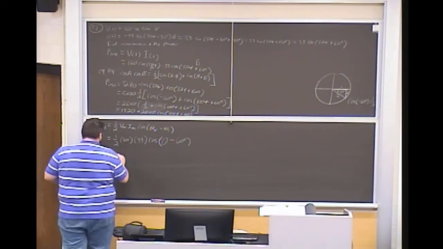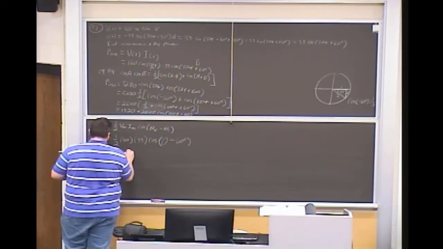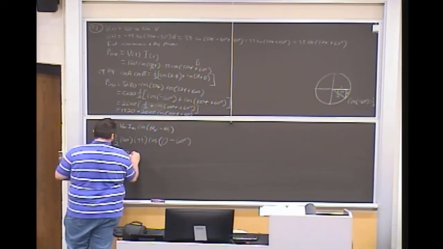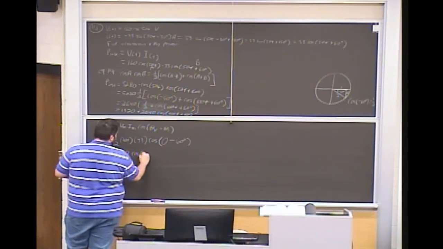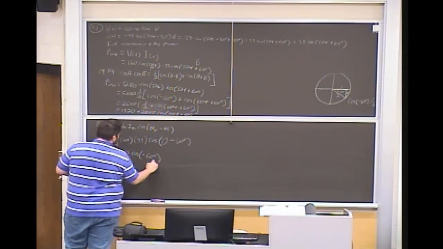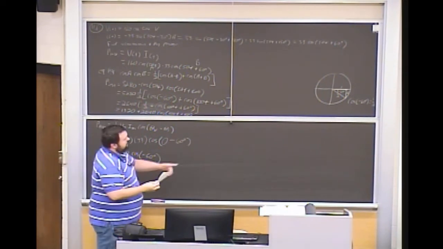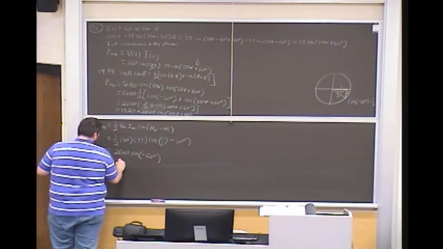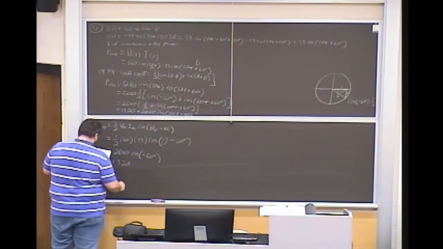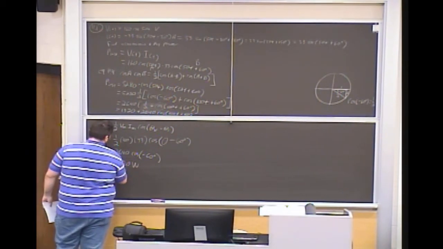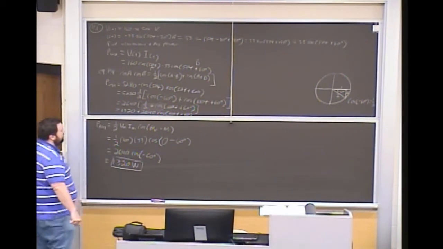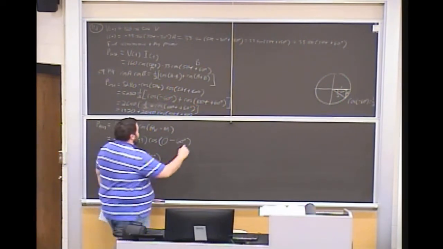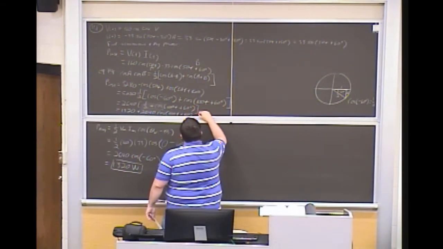That works out to 2640 times the cosine of negative 60 degrees, which we already figured out up there. It's 1/2. So this just becomes 1320 units watts. This should be watts as well up here.